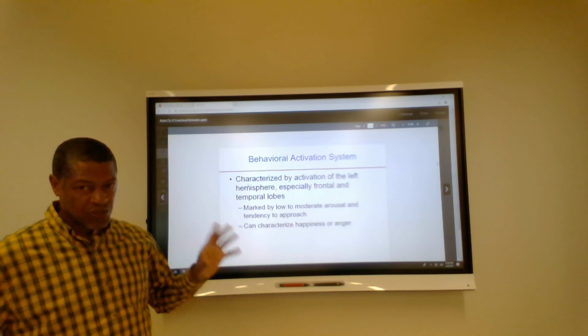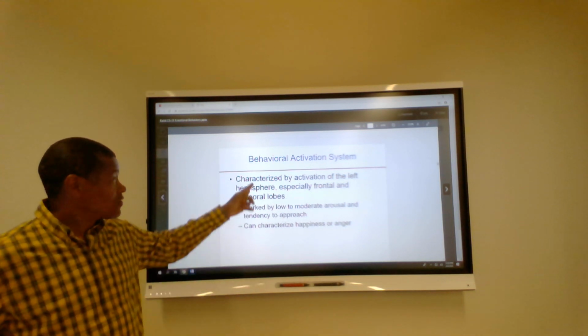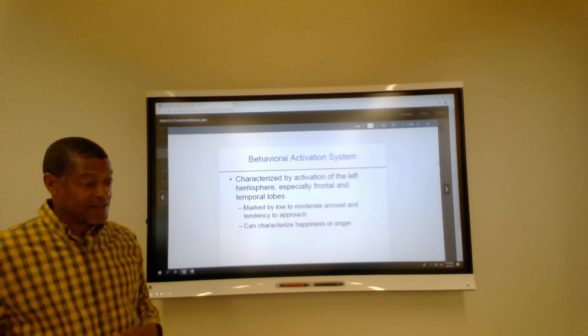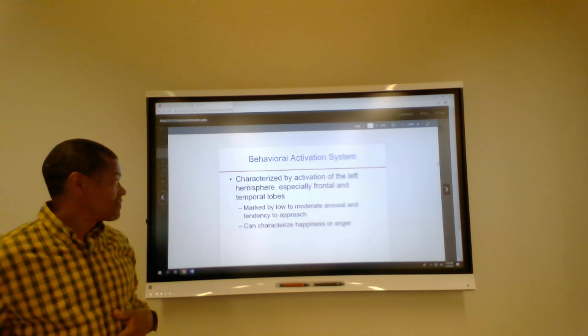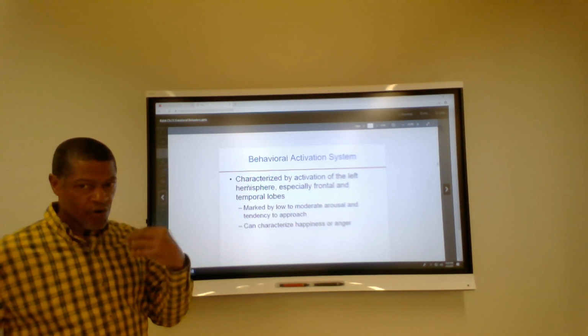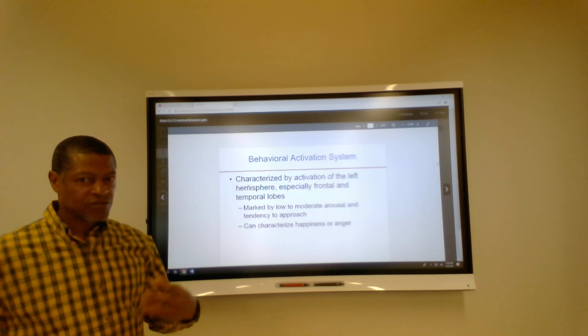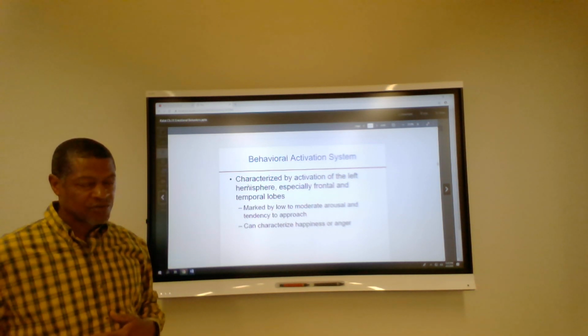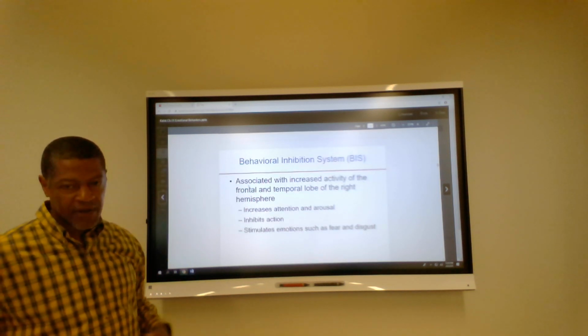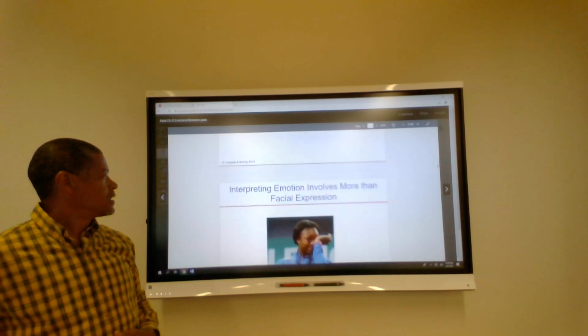So won't get too deeply into this, but there's a behavioral so-called activation system that initiates these things, and some people, it's highly reactive, more so than others. Being involved in the hemispheres, being more reactive and then causing more of a problem with the person being too stimulated. So you can read up on that, but I probably won't test you on that.